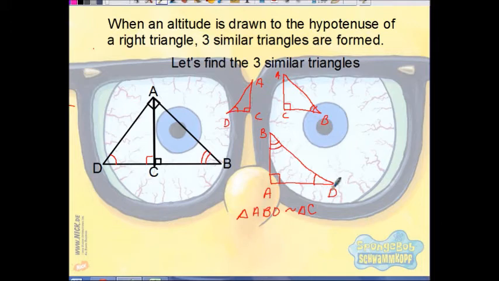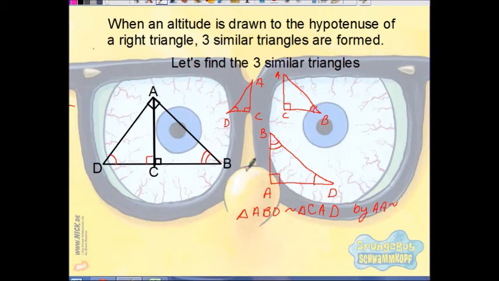But my D, which was my last letter on my big triangle, had a single marking, just like my D did here. So I'm going to leave a little space for my middle letter, but I have my D, which means the middle letter of this smaller triangle should be my A. They're going to be similar because we had 2 matching angles, the single markings and the right angle markings. So they're going to be similar by angle-angle similarity.